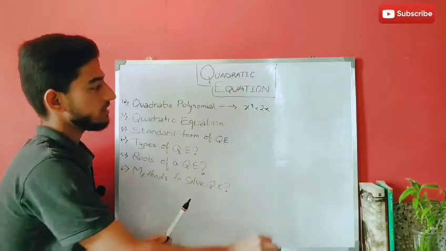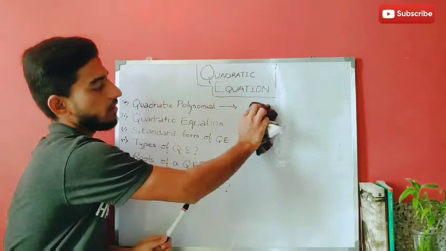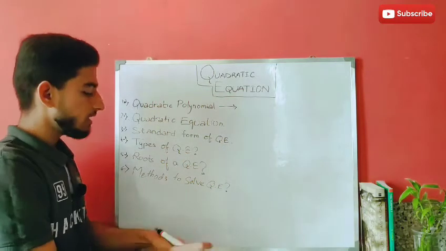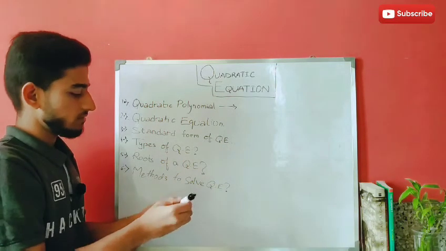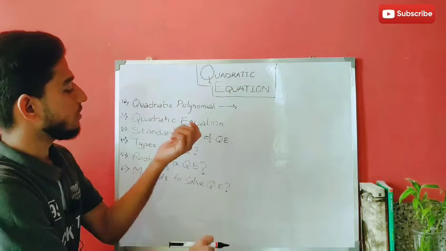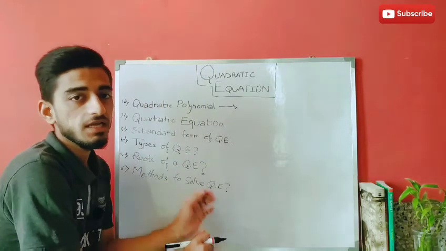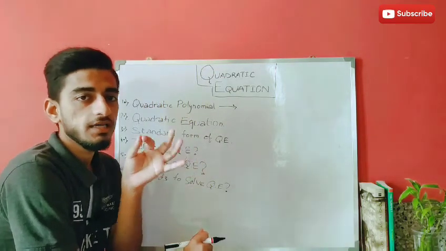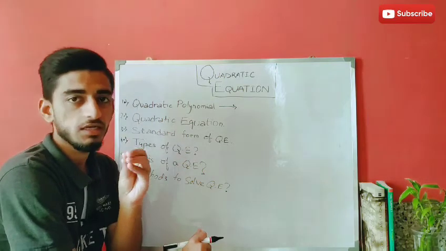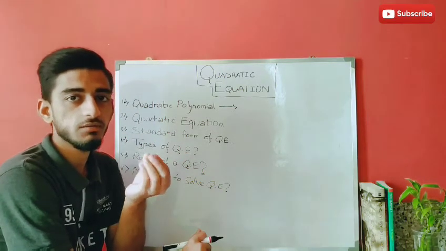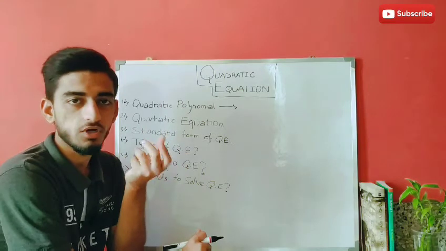So this is also a polynomial. Now what is a quadratic polynomial? Any polynomial whose highest power of variable is 2 is a quadratic polynomial.